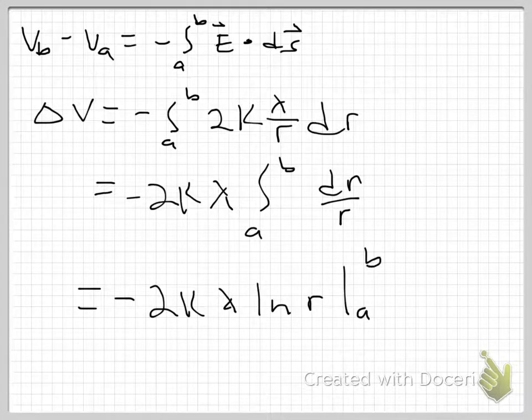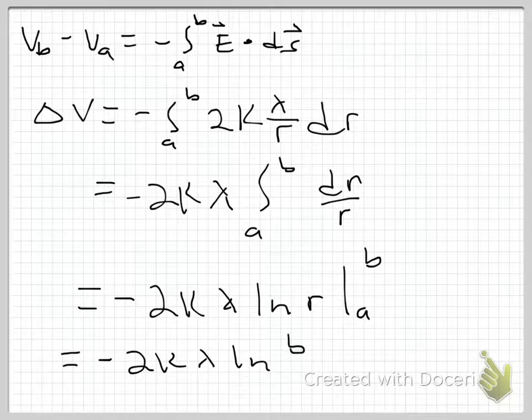Now at this point I can just apply some of my rules of logarithms. Log b minus log a, which is what I'm going to get out of this, is just log b over a. So I can write minus 2k lambda log b over a.